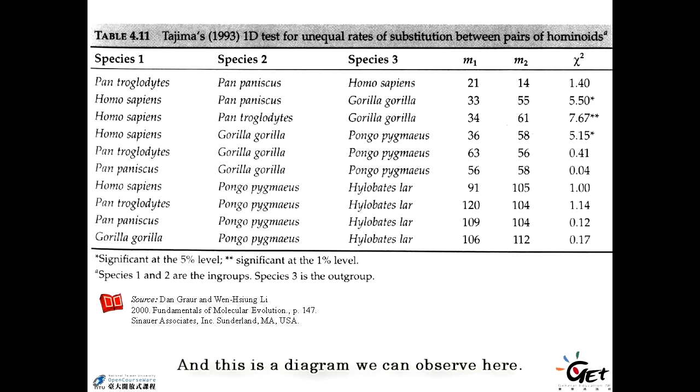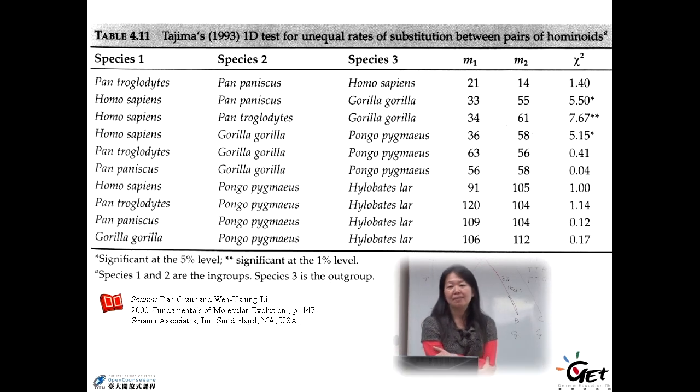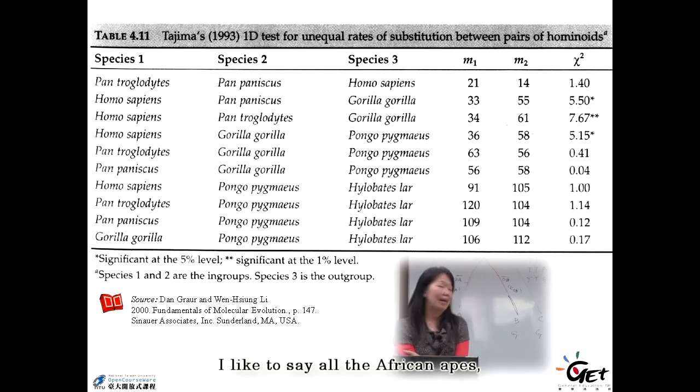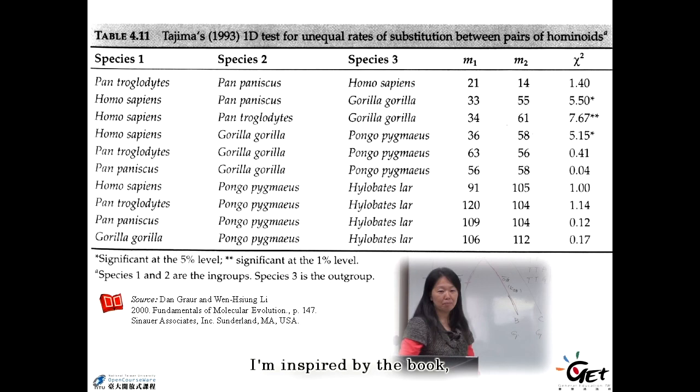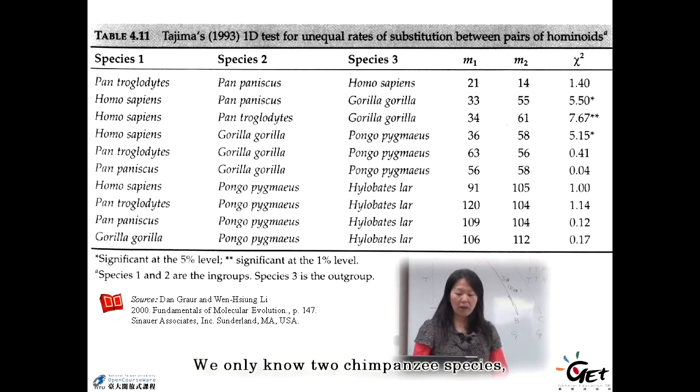And this is a diagram we can observe here. So this is a study to look at all the African apes. I like to say all the African apes, but I'm inspired by the book named The Third Chimpanzee, which is us. We only know there are 2 chimpanzee species.